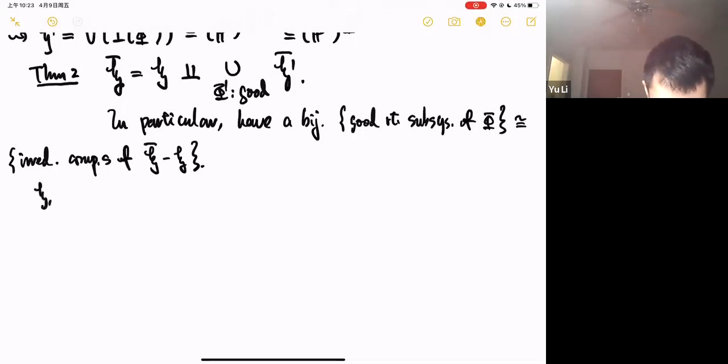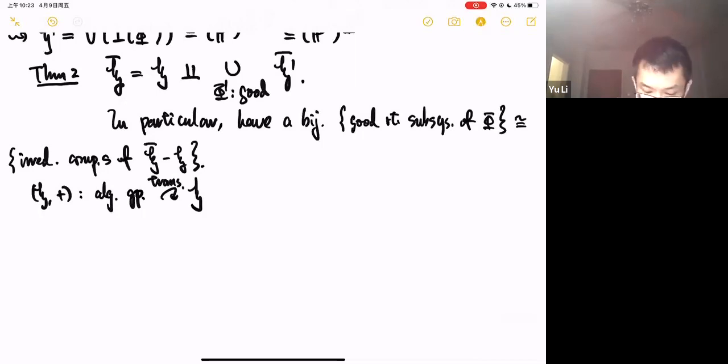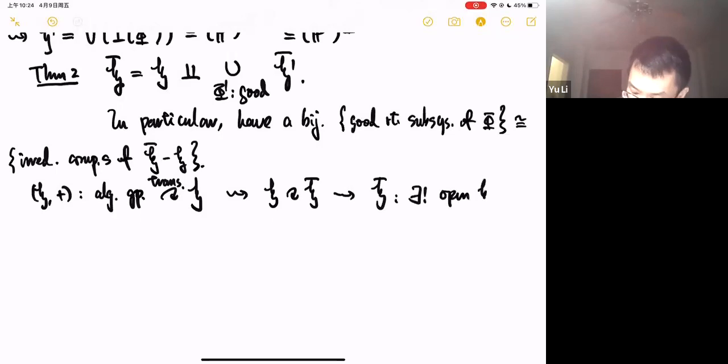Okay, so now remember, H with addition is an algebraic group, and it acts on H via translation. This action extends to an action of H on H bar, as you can easily verify. Now this H bar has the property that there's a unique open H orbit, namely just the open part H. Okay.